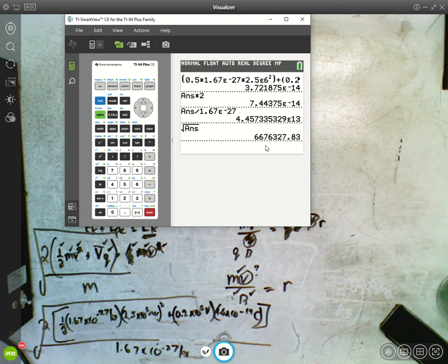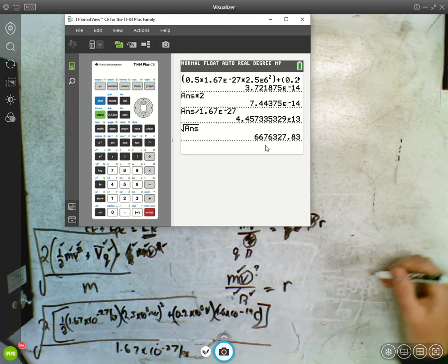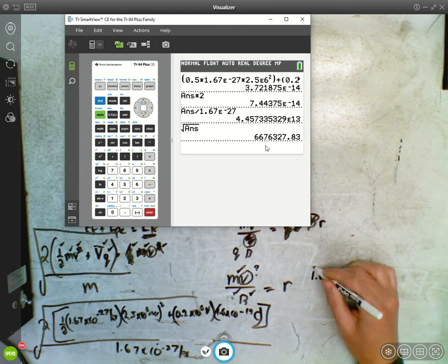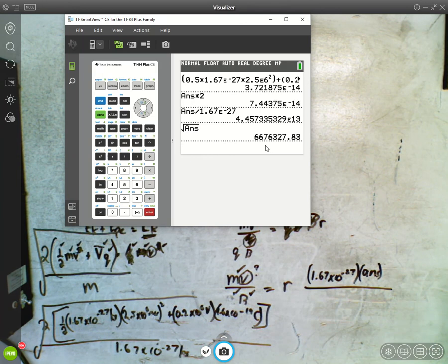So now that we have that speed, we can plug it into this here. So we'll go 1.67 times 10 to the negative 27 times our answer from before, divided by our magnetic field, and they tell us that magnetic field is 0.863. And nothing is square rooted there, so we're good.